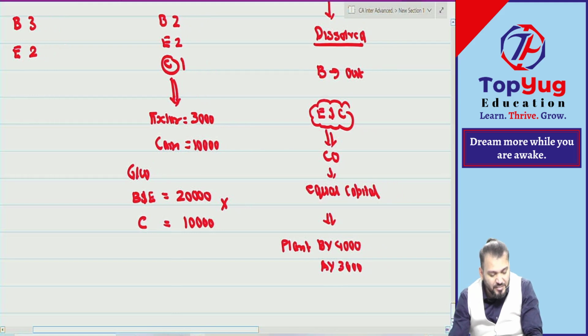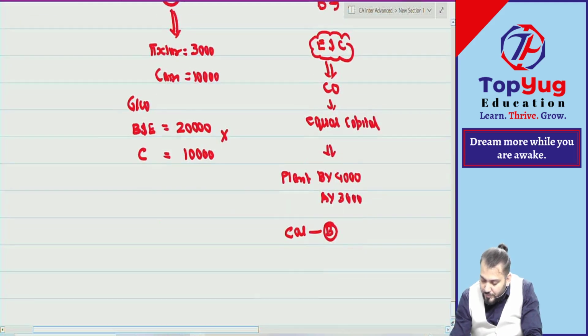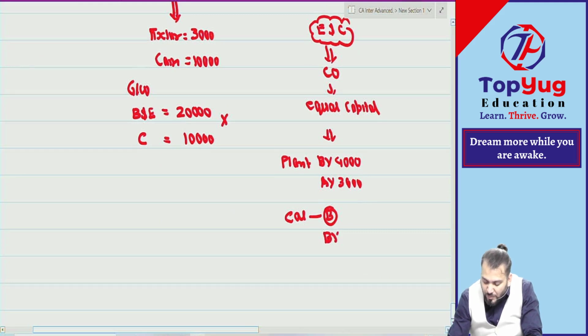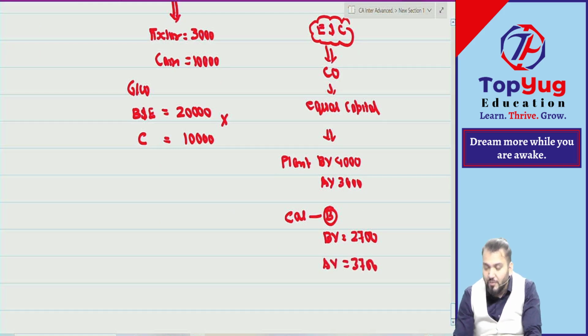And one more asset is there. Business car is taken over by B. Whose book value is what? Book value will be given in the trial balance. And taken over at what? 3,700. Apart from this, all assets and liabilities are taken over.